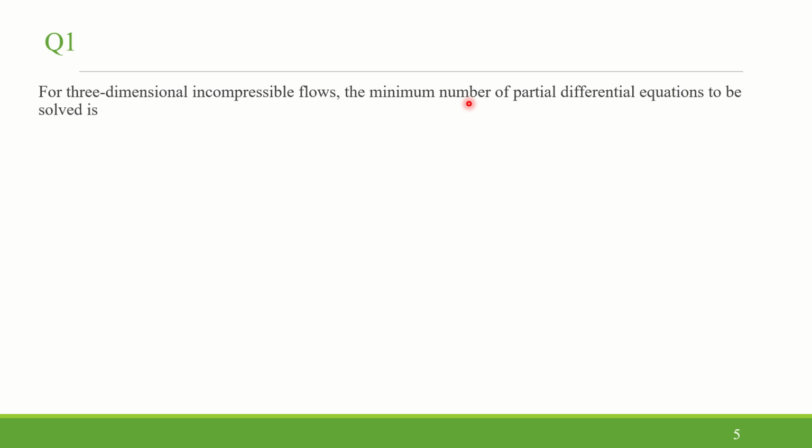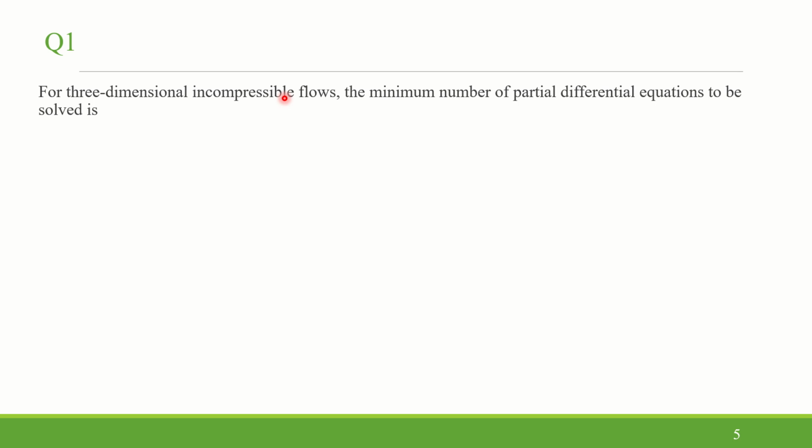I am talking about compressible flows. So in this week, since we are dealing with incompressible flows, how many do we need to solve? The continuity equation remains the same. We need to solve for the continuity equation, and since it is a 3-dimensional problem, we will have the x momentum, y momentum, and z momentum conservation equations.